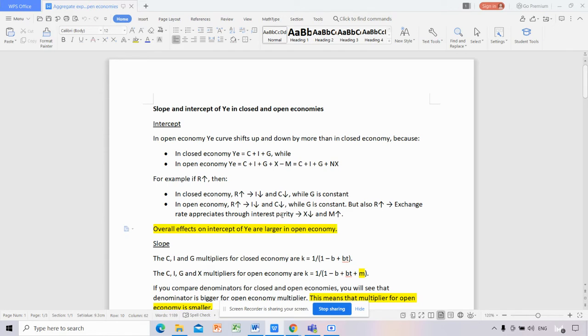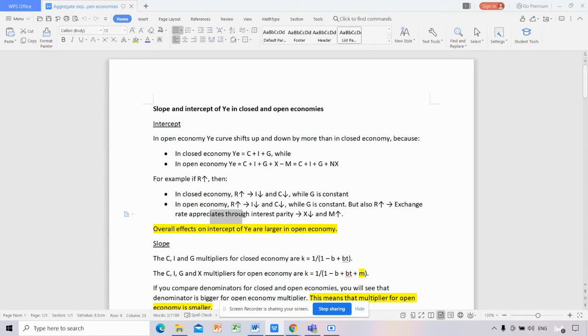Let me repeat again. If there is appreciation of domestic currency, the price of imports is smaller and the quantity, the value of imports is larger. And if there is appreciation of domestic currency, it means there is depreciation of foreign currency, because both currencies cannot appreciate together and depreciate together. So if domestic currency appreciates, foreign currency depreciates.